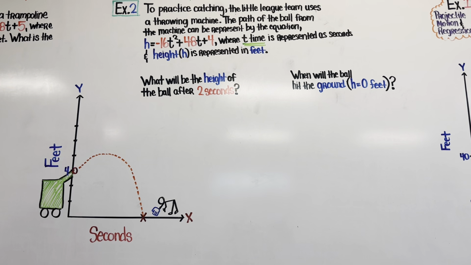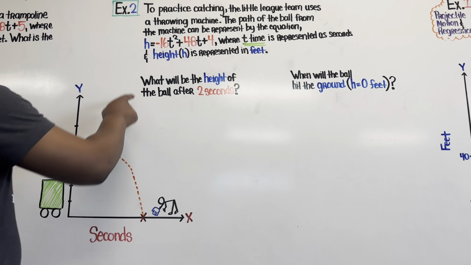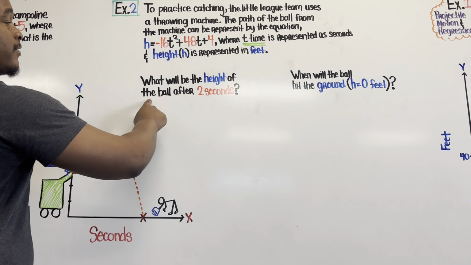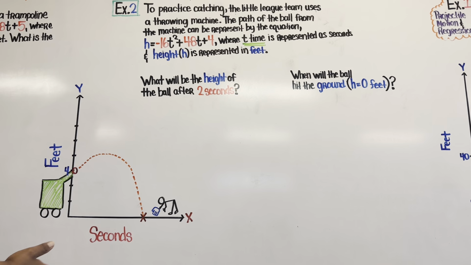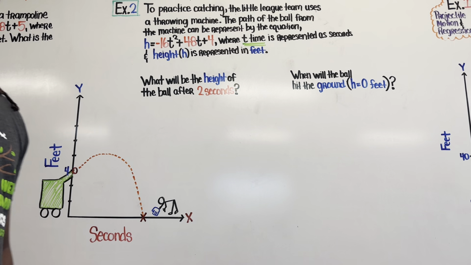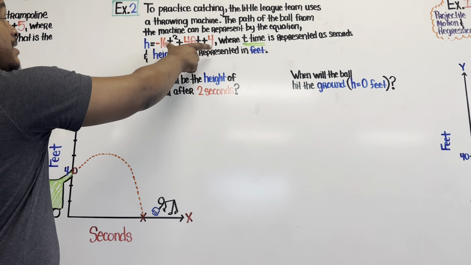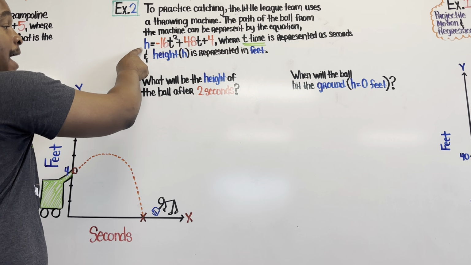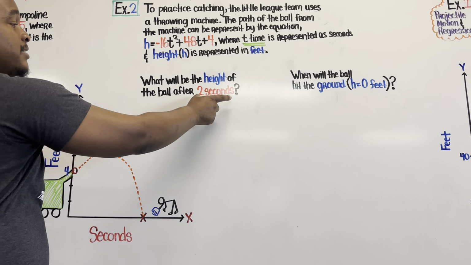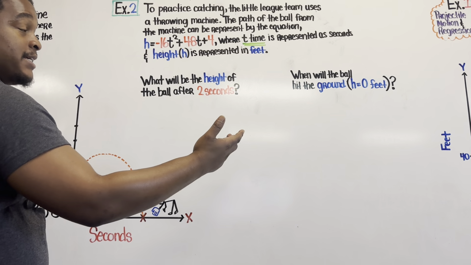So the first thing that we're going to calculate is, it's asking what will be the height of the ball after 2 seconds. Now you remember, this whole equation represents the height, and seconds is represented as t, which is time.